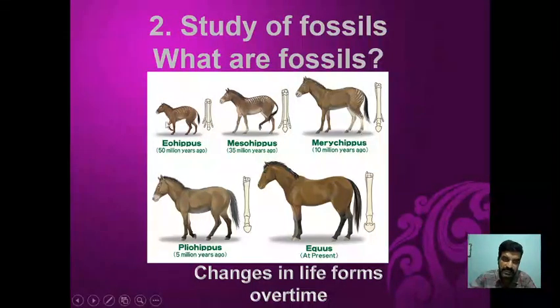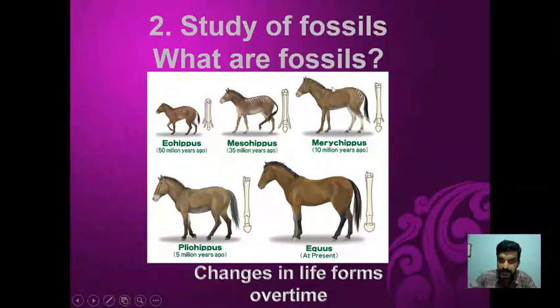Here the horse is very short, living about 50 million years ago. That is Eohippus. Then Mesohippus, where the forelimbs have increased slightly and the size has also increased.